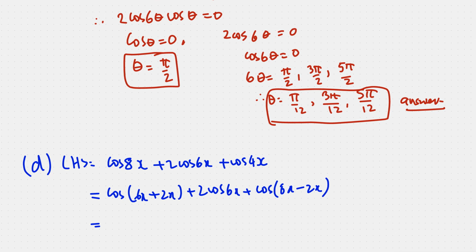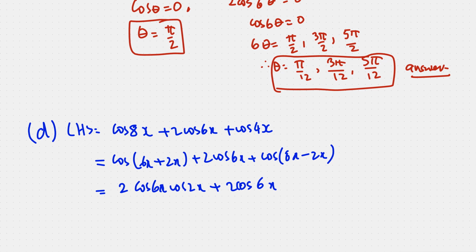So that is equal to 2 cos of 6x cos of 2x, and then plus 2 cos of 6x, isn't it?